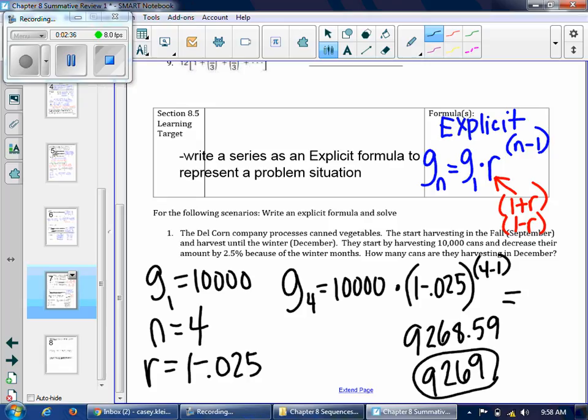So the number of cans that they are going to process in December is going to be 9,269. Let's try the next problem.